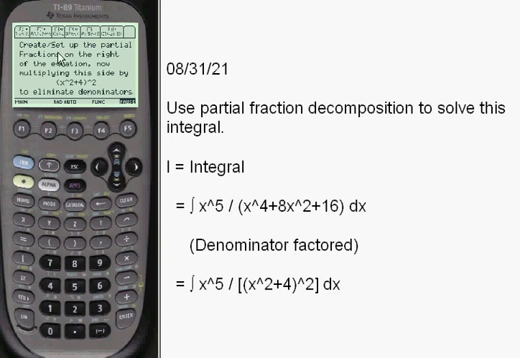And then for the right side, we do the same thing, except we're using the factored denominator here, which is right over here. This factors to (x^2 + 4) quantity squared. Here's the way it looks on your paper. You're going to do it.